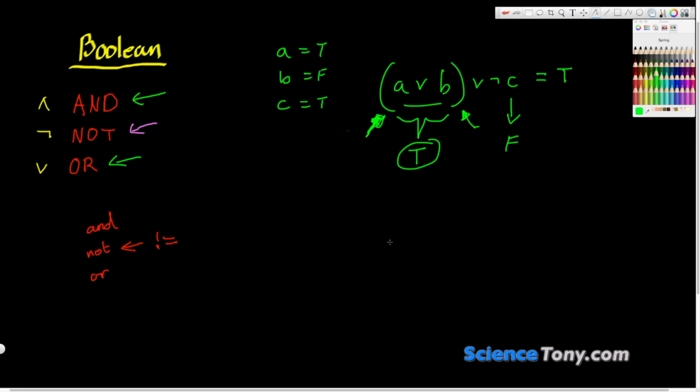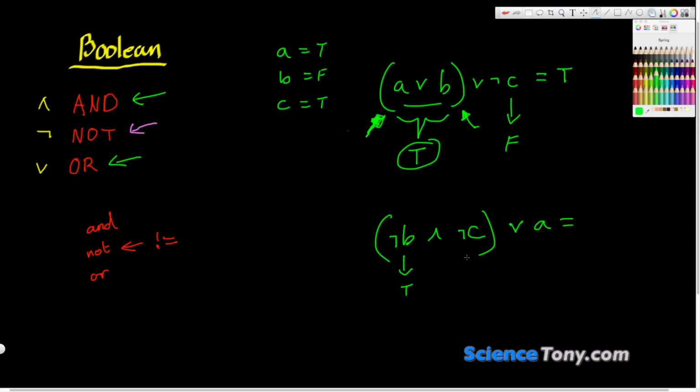So if we have not B and not C, so I said and, didn't I? And not C or A. What's that going to come out as? If we look at this, B is false, so that's going to be true.